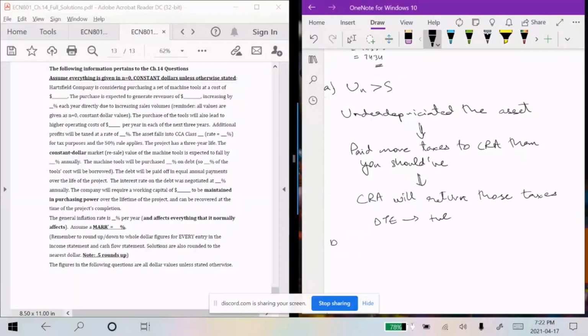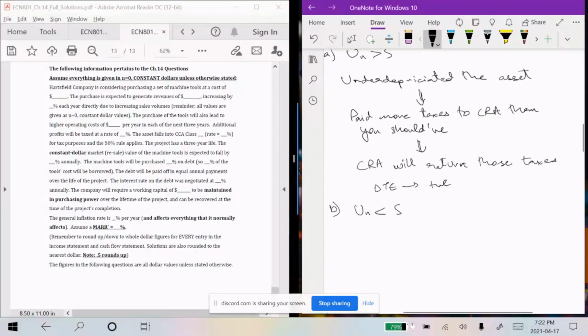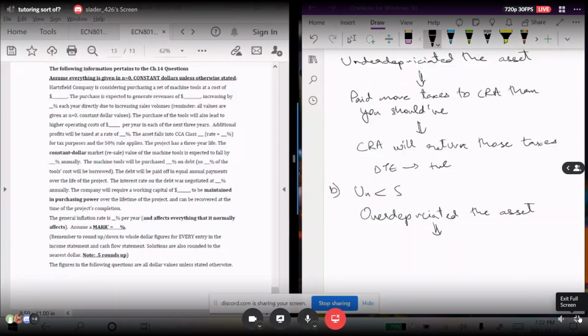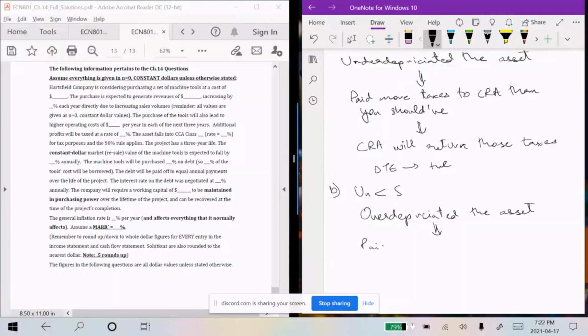In case 2, if UN is less than the salvage value, that means you over depreciated the asset. So that caused you to pay less taxes than you should have.